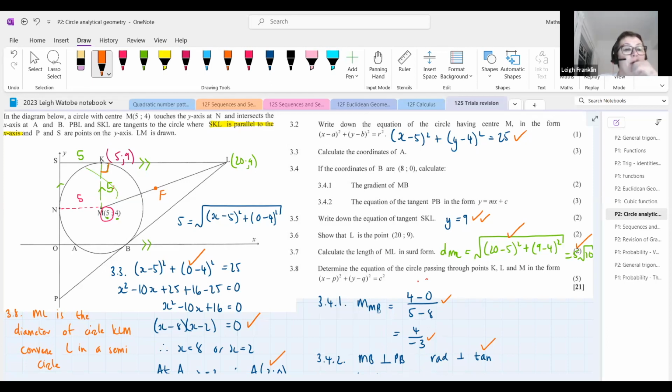I'm just trying to think, I should have explained why angle MKL was equal to 90. Oh, okay, so MKL would be equal to 90.